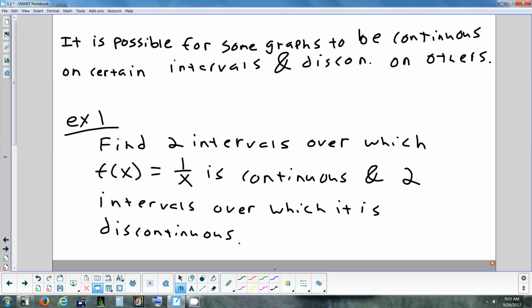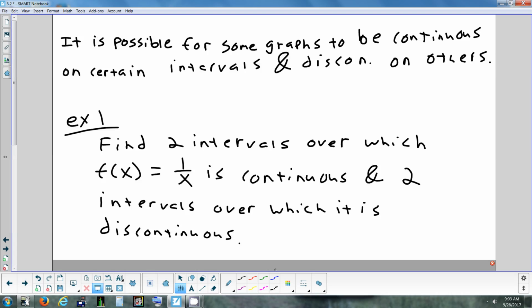So I could give you a graph, and maybe the graph isn't continuous everywhere, but maybe you can find a spot that is. Maybe there's a small section between, like, when x is 1 and x is 5. You could trace between 1 and 5 without lifting your pencil.